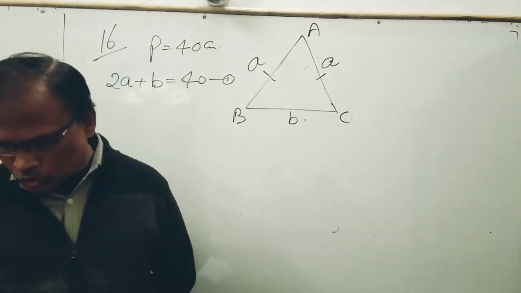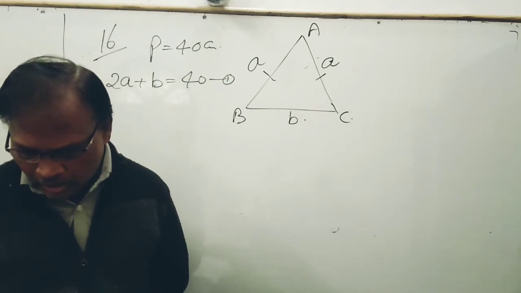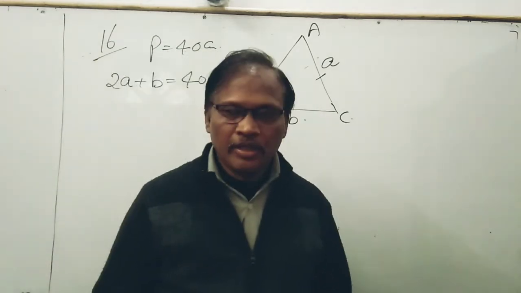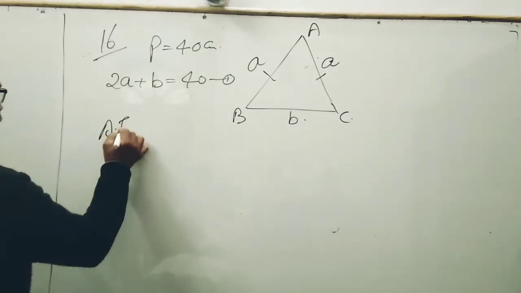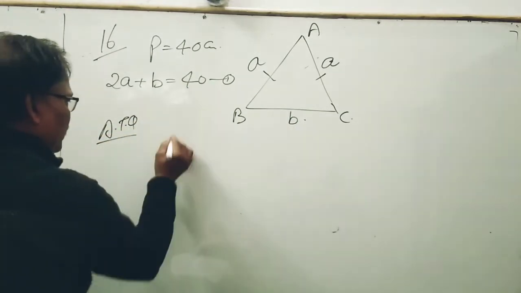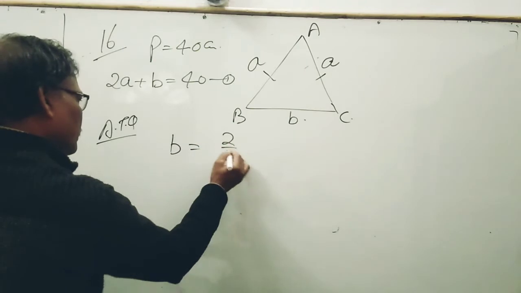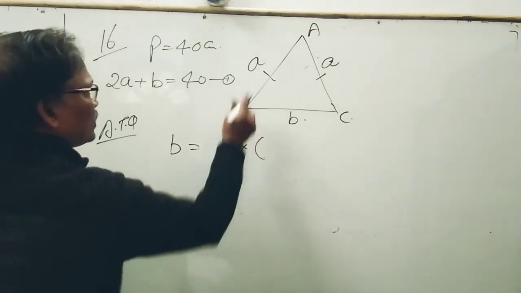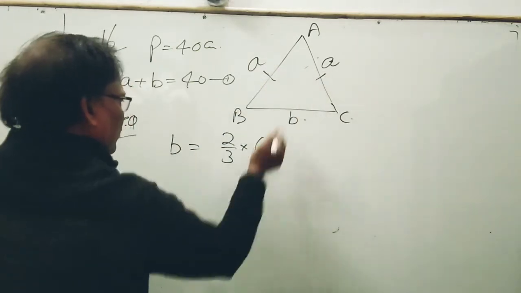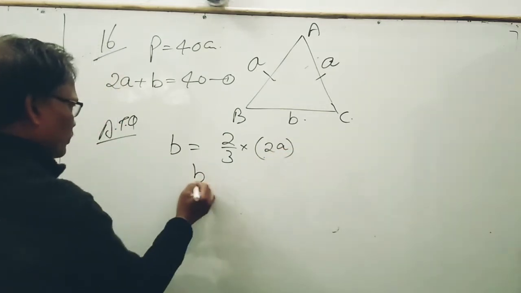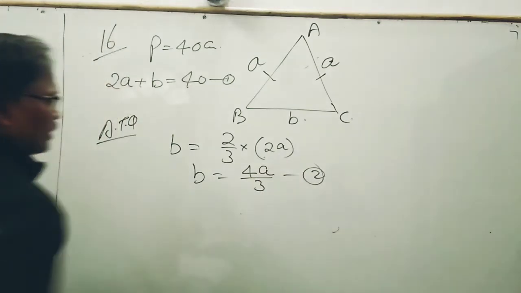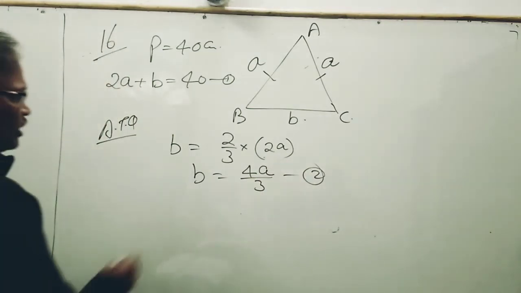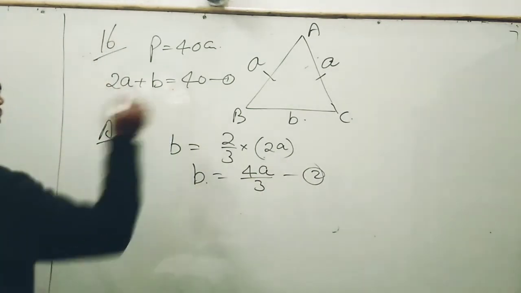The base is 2/3 of the sum of the equal sides. मतलब according to the question, base means b is 2/3 of the sum of the equal sides, मतलब 2a. So it will be 4a by 3. Now can you find the value of a by putting b in equation number 1?